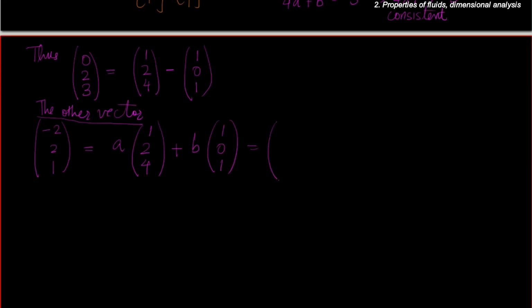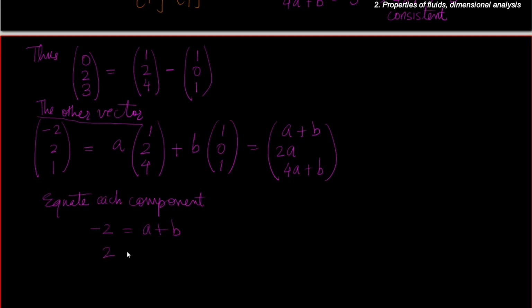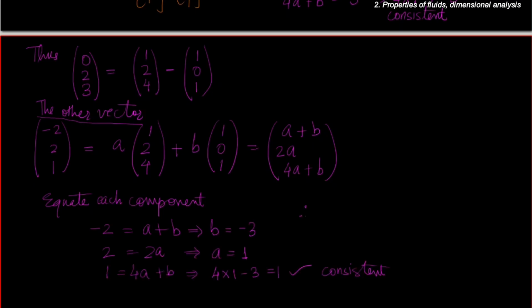Then we equate each component of the left hand side column vector and the right hand side column vector to obtain minus 2 equals a plus b, 2 equals 2a and 1 equals 4a plus b. And the solution for a and b from the first two equations are a equal to 1 and b equal to minus 3. If we plug in these values into the last equation, we do see that the left hand side and right hand side are consistent, meaning the solution is correct.